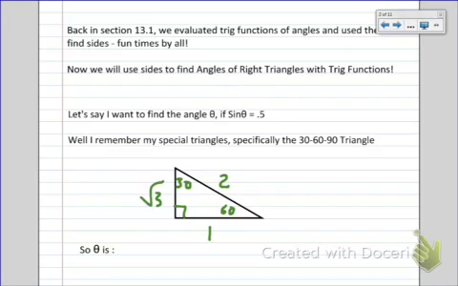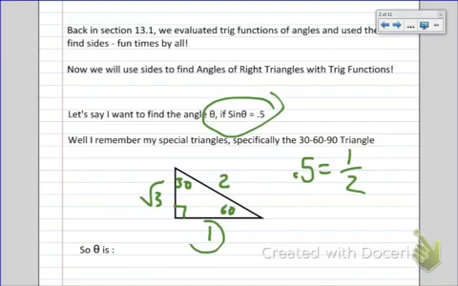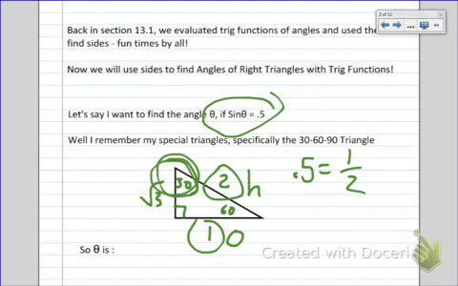So what am I looking for now? I'm looking for the sine. Sine is opposite over hypotenuse, 0.5. Well, 0.5 is equal to 1/2. What do I have here? Oh, 1/2 right there. So if this has got to be opposite over hypotenuse, the sine of what angle is 1/2? Well, that's the angle right here. 1 is opposite of 30.